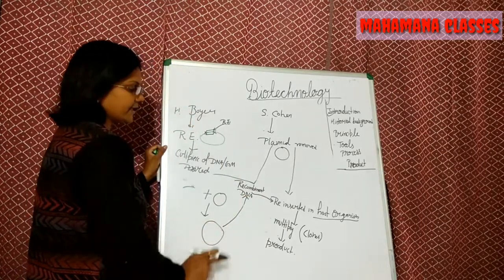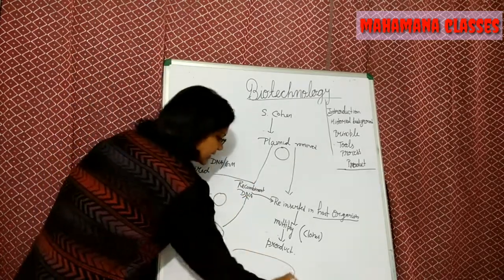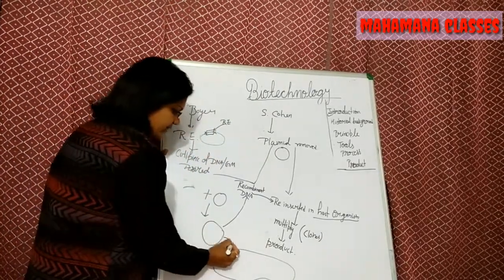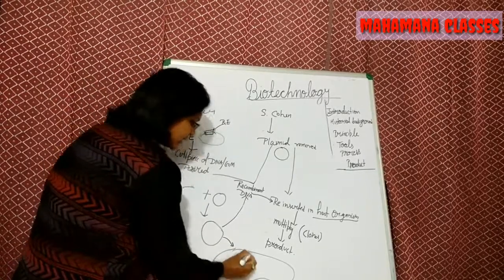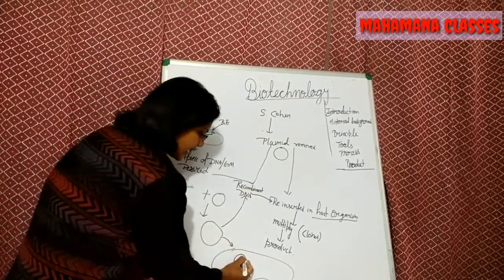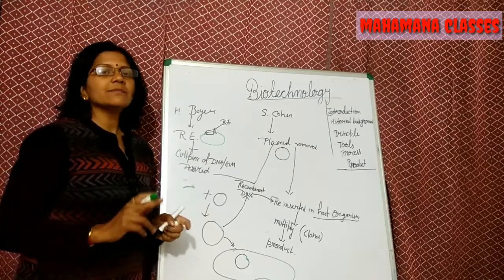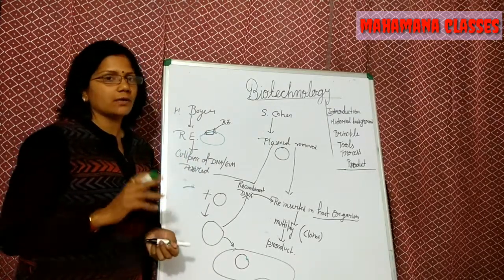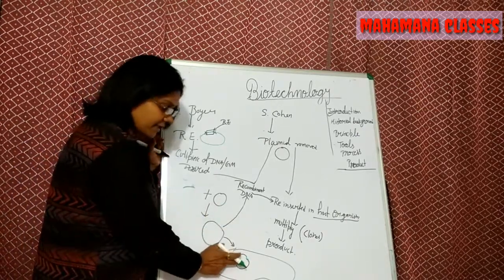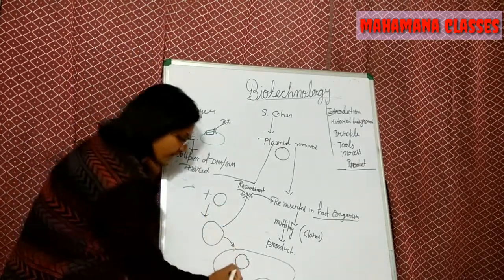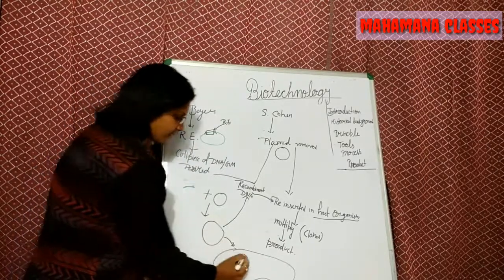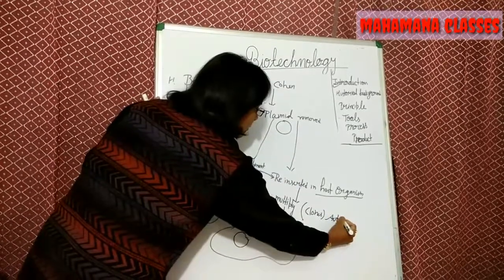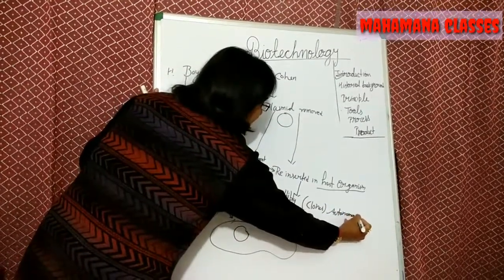This recombinant DNA is now introduced into a cell, suppose E. coli. In the E. coli it will enter in this form. As I have told, a plasmid is nothing special. It is an extra chromosomal part of a prokaryotic cell such as E. coli, which multiplies autonomously.